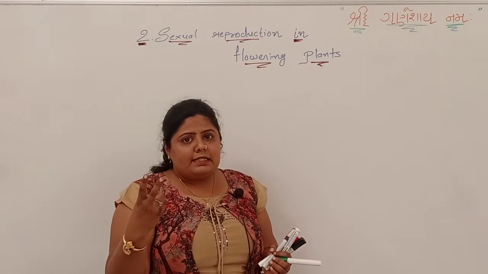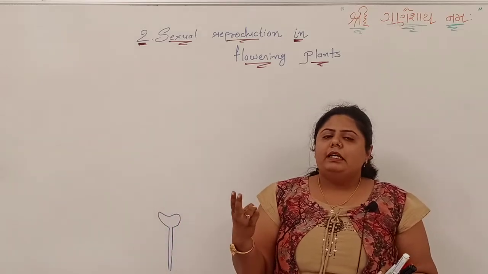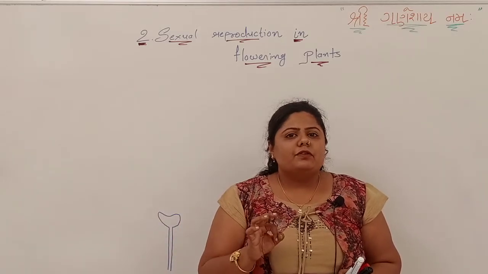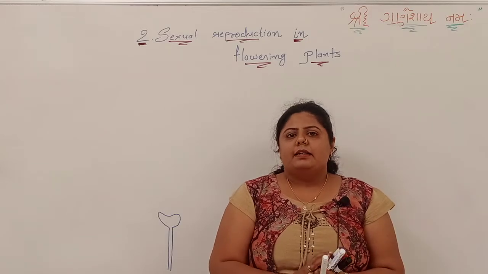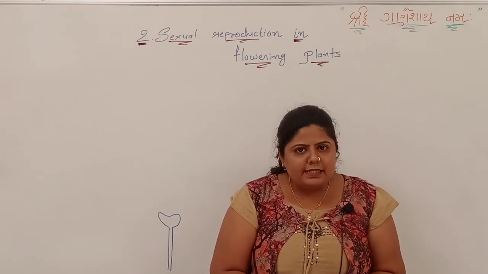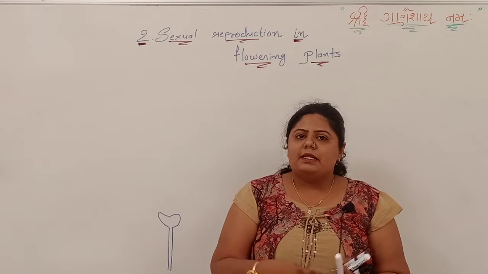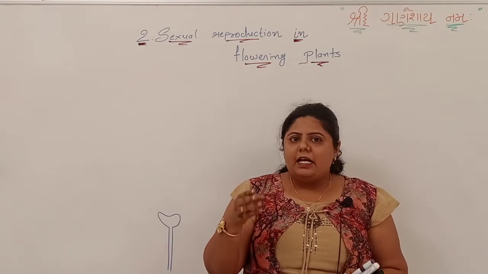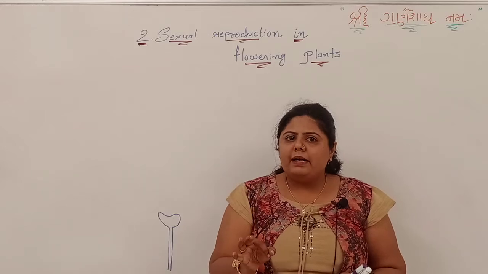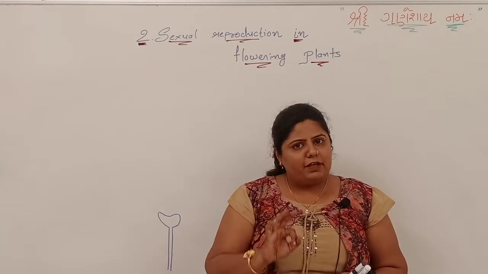Two organs are accessory. Why? Because they are not used for the purpose of reproduction. Which parts? Calyx means sepals and corolla means petals. And two parts are reproductive: androecium, the male part, and gynoecium, the female part.